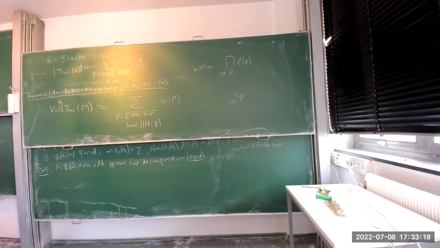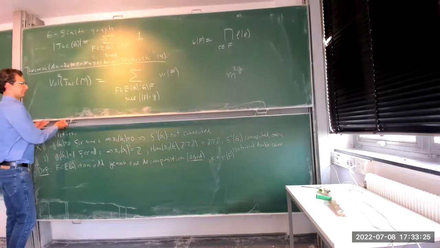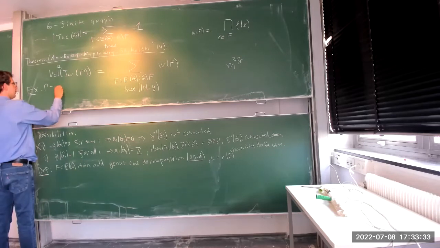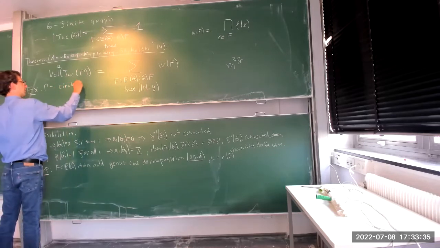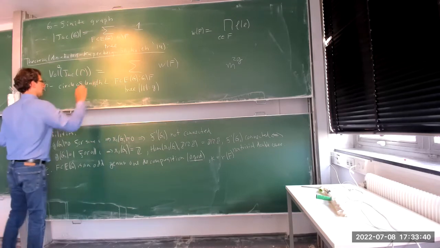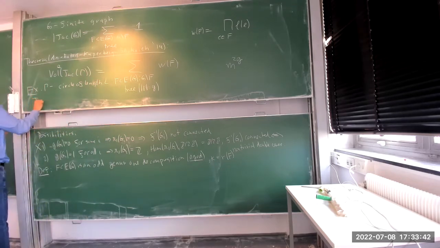Okay, but as kind of a funny little example, if you take gamma to be a circle of length L, of circumference L, then the Jacobian of gamma is also a circle.